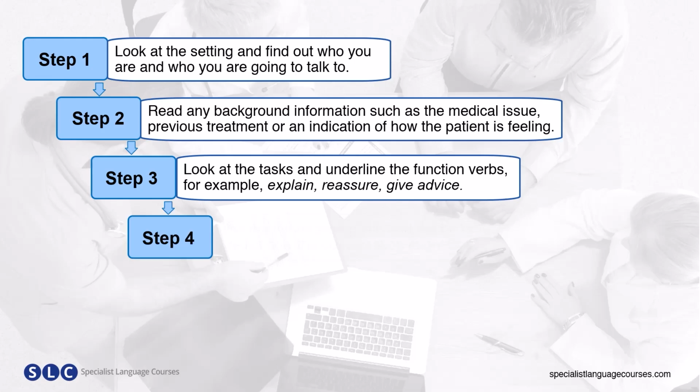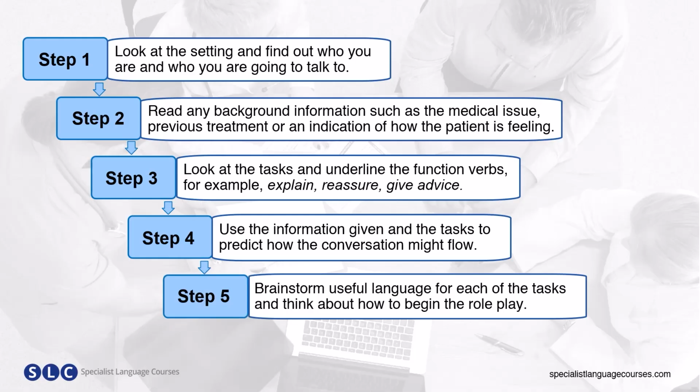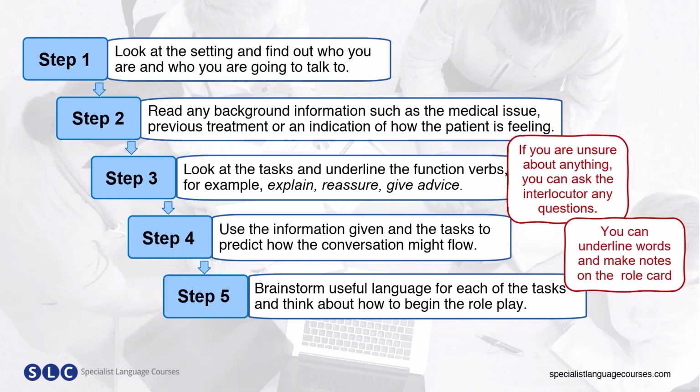Step 4. Use the information given and the tasks to predict how the conversation might flow. And step 5, brainstorm useful language for each of the tasks and think about how to begin the role play. Remember, if you are unsure about anything, you can ask the interlocutor any questions. And you can also underline words and make notes on the role card.